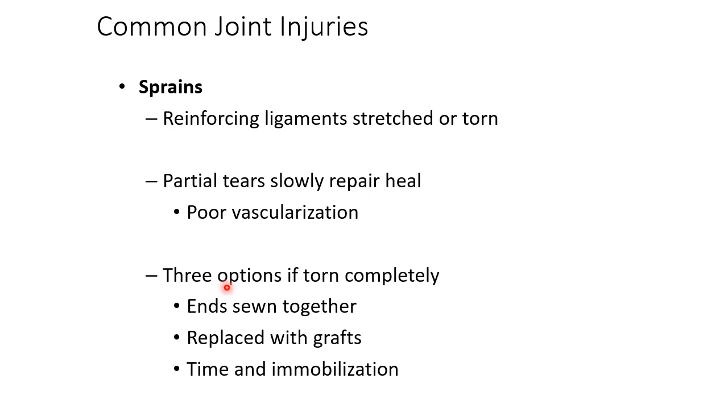Now, if you do cut it completely, right, then you have no choice but to go for surgery, because the ends have to be stitched back together. Or sometimes you can replace those ligaments with grafts or artificial ligaments. And of course, you're going to have to immobilize the area for quite some time until it recovers.